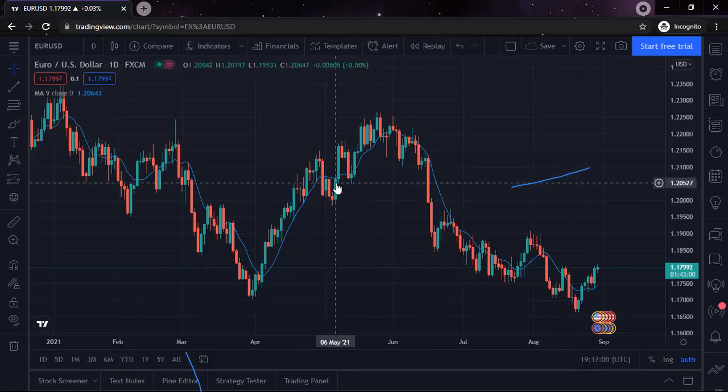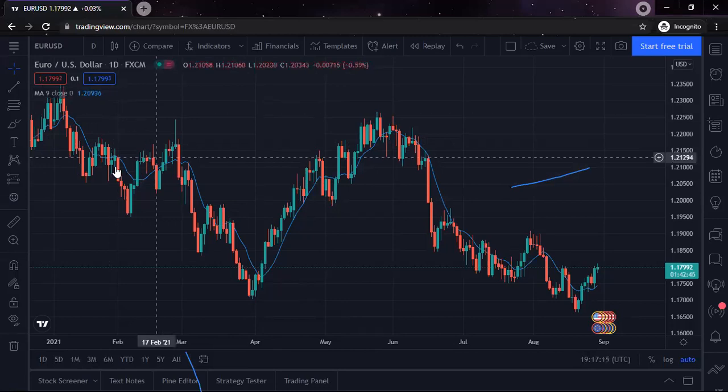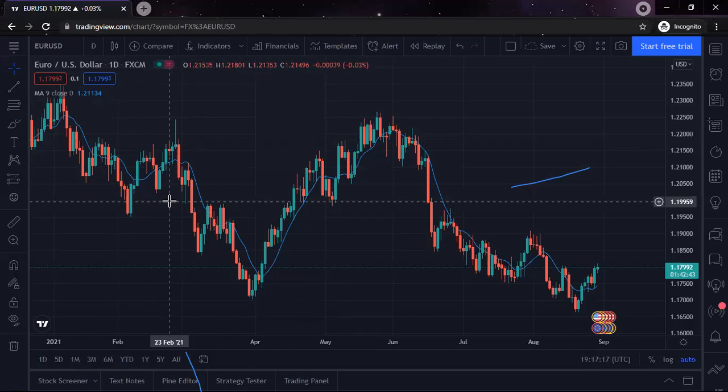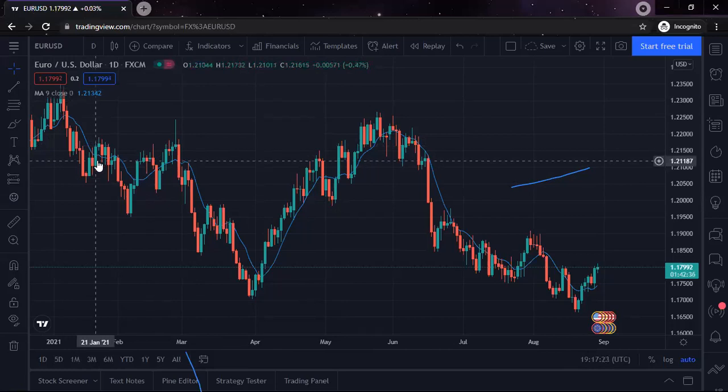With the default, the chart system is giving us a 9-period moving average. You can change the length to any number.